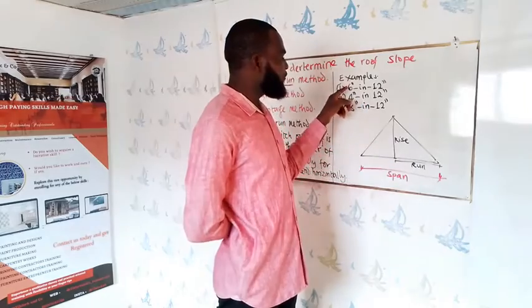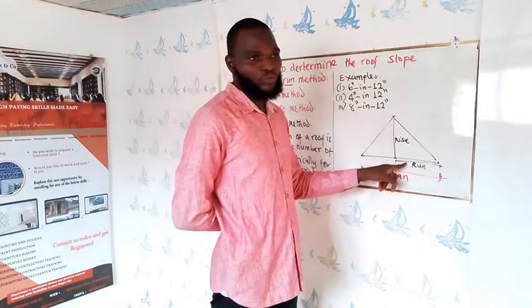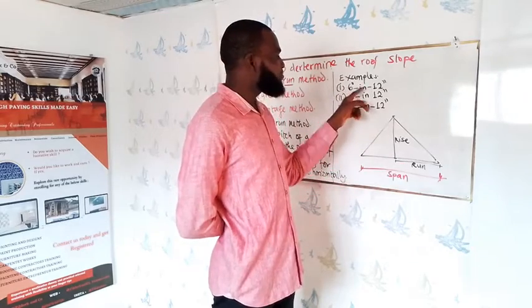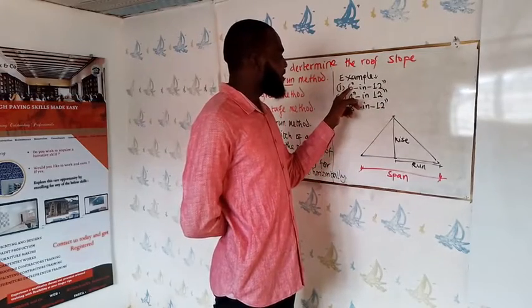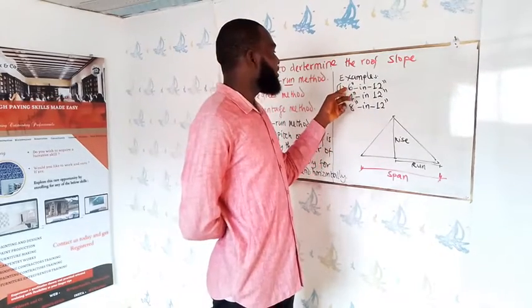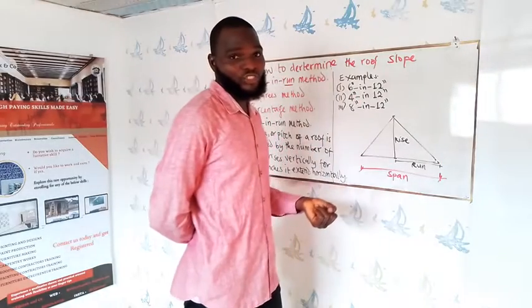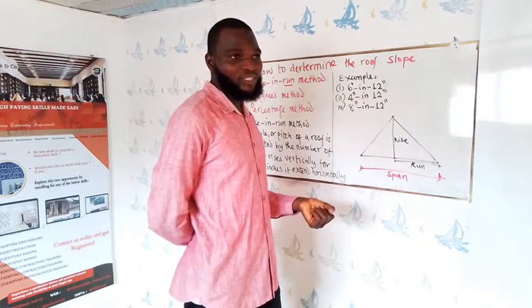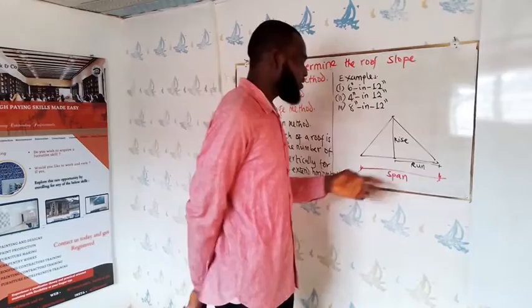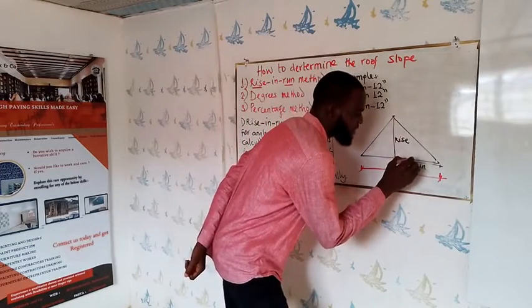So it means for every 6 inches of rise, there must be 12 inches of run. That means 6 is half of 12, or we say 12 inches is twice 6 inches.